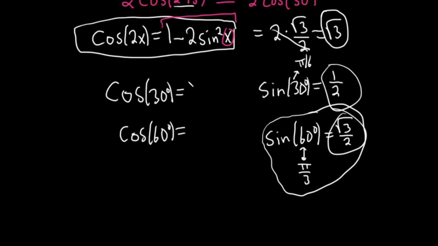And then here it's simply reversed. So this one's 1/2, so this one has to be the square root of 3 over 2. Likewise, these can't be the same, so this is 1/2. So it's a cheap trick to memorize all of these trig function values: cosine of 30, cosine of 60, sine of 30, sine of 60, or pi over 3 or pi over 6. You can memorize all of that simply by memorizing one.